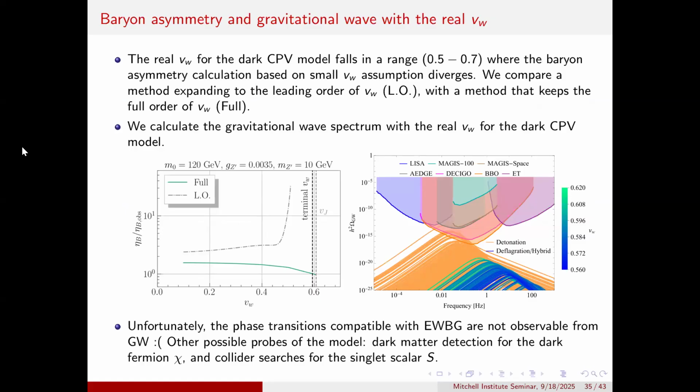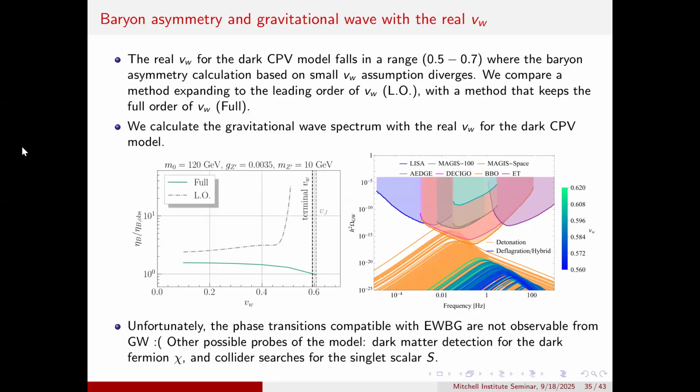So the dark matter candidate is the chi in our model. In our earlier two papers, we scanned over the parameter space and found a region that is consistent with baryogenesis and dark matter direct detection.